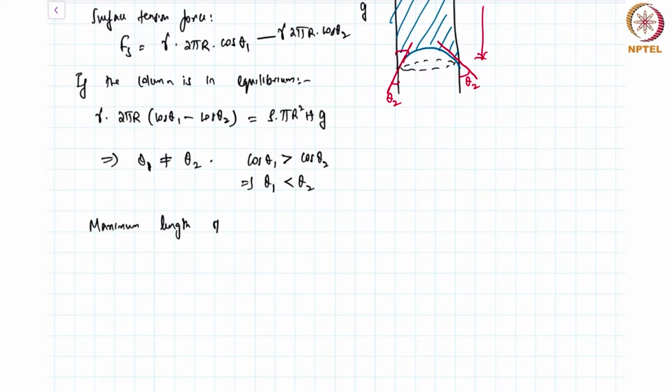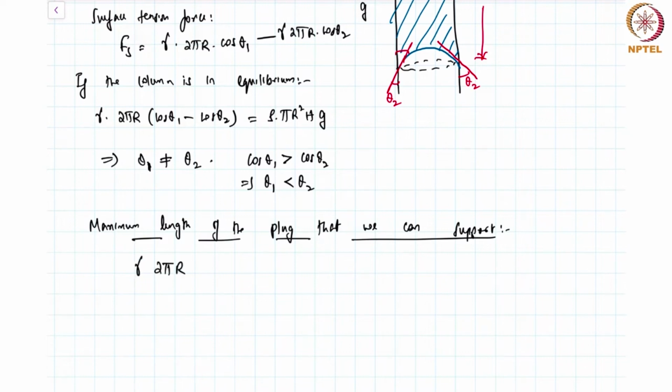The maximum length of the plug that we can support: gamma times 2 pi r times (cosine of theta 1 min minus cosine of theta 2 max) will be rho times pi r square g times h max.